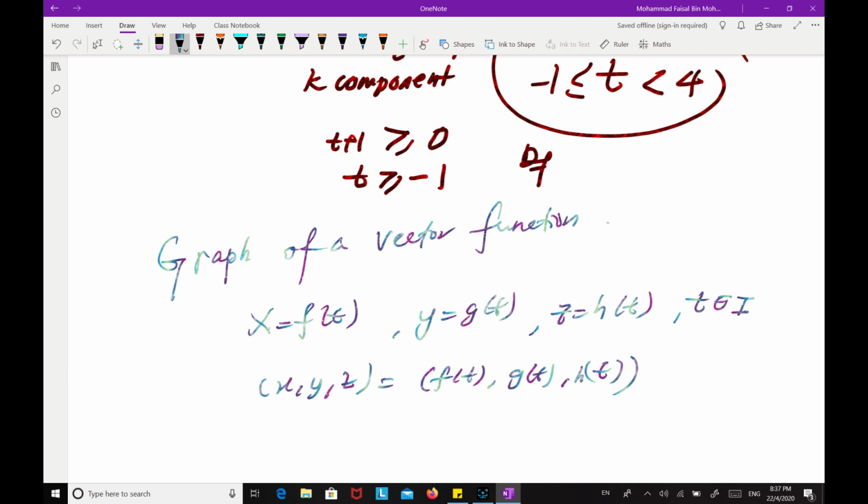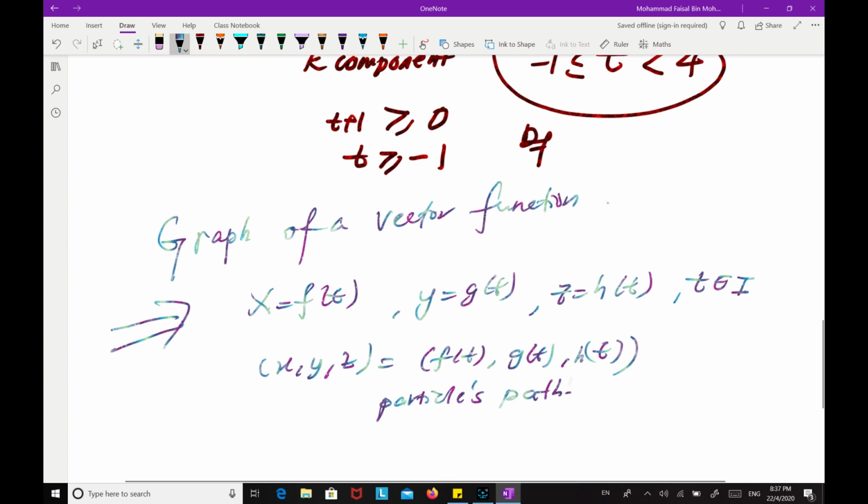Make up a curve in a space called the particle's path. So this equation parameterizes the curve. A curve in a space can also represent a vector function, vector form.